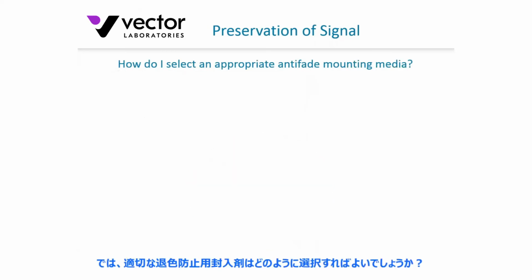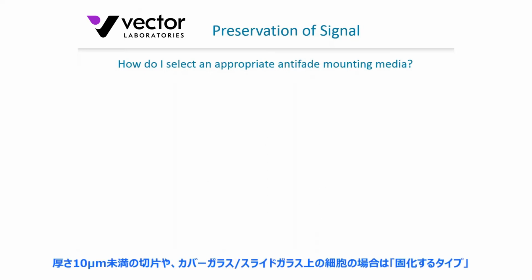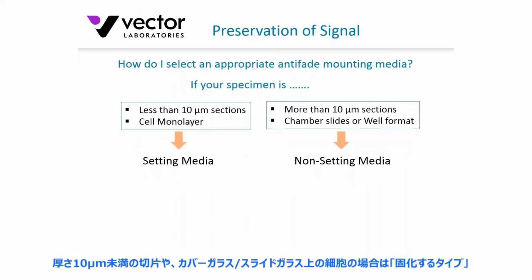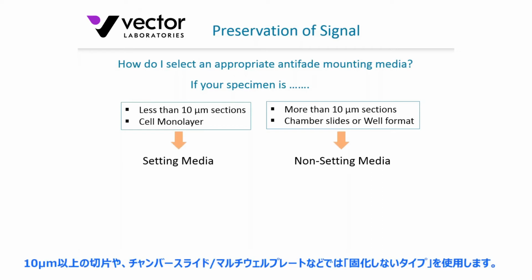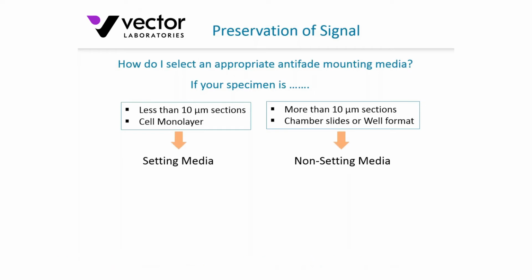So just very quickly, how would you select an appropriate anti-fade mounting media? I would say if your specimen is less than 10 microns, or you're working with a cell monolayer grown on some coverslips or a slide, use a setting media. If it's greater than 10 microns, or you're using a volume of media, such as in a chamber slide or a well format, select a non-setting mounting media.